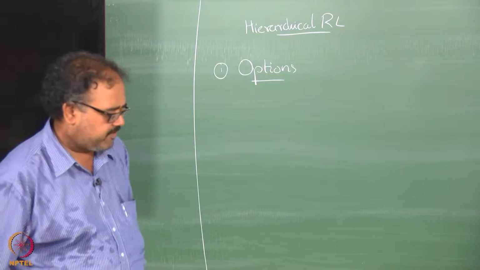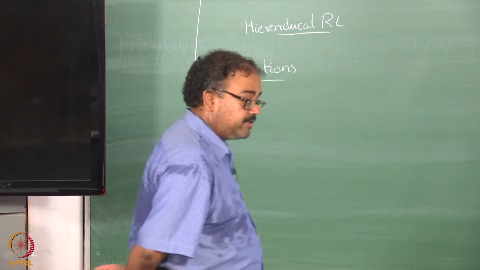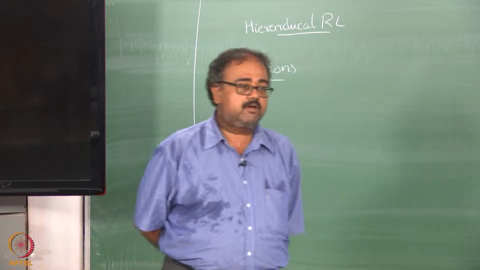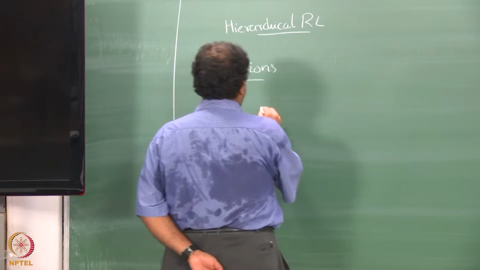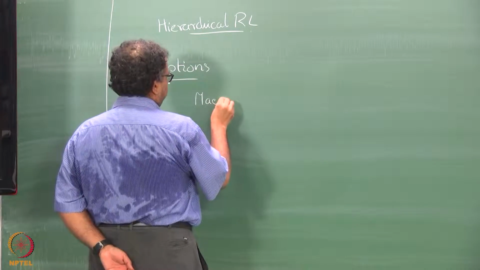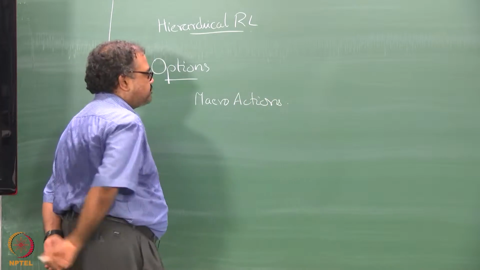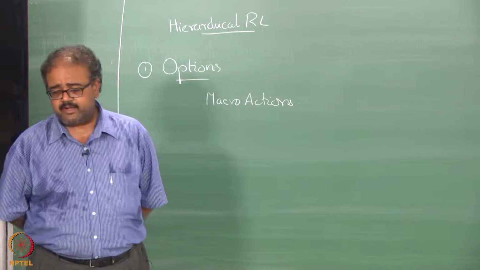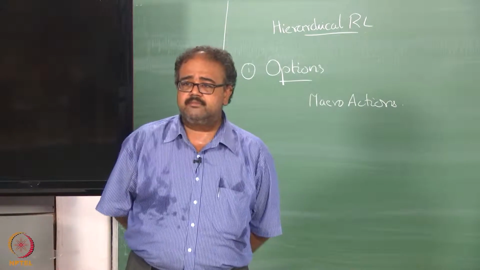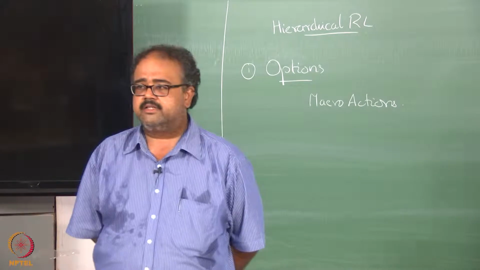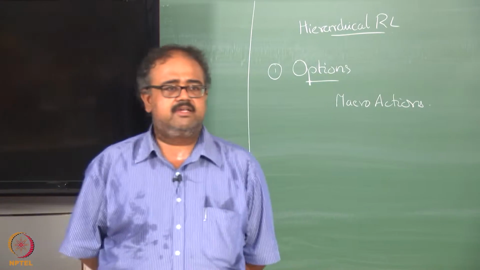The idea comes from the planning literature actually, where people talk about something called macro actions. In the planning community, macro actions are essentially just a sequence of actions put together, and then you talk about it as a single action.